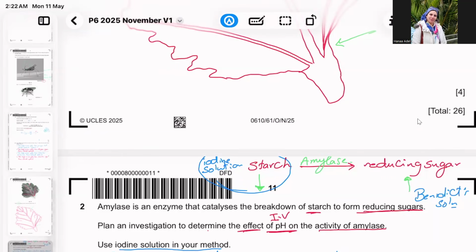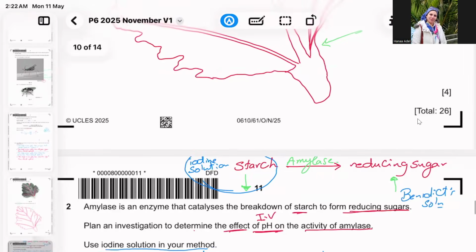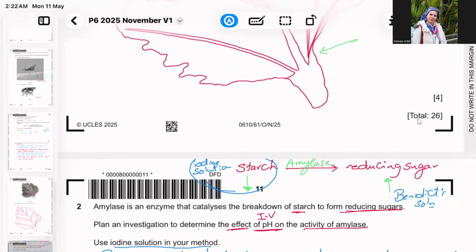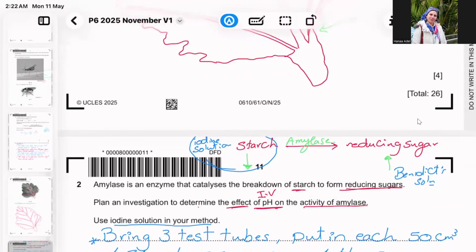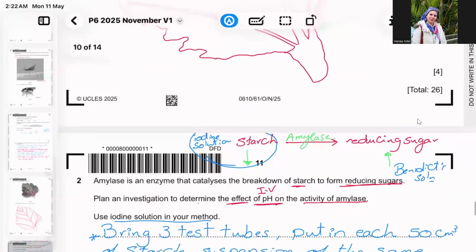We have to bring 3 test tubes and put in each, for example, the same volume of starch suspension, for example, 50 cubic centimeter. When talking about this, it is a suspension, because the starch is insoluble in water, so it looks like a suspension of the same concentration.